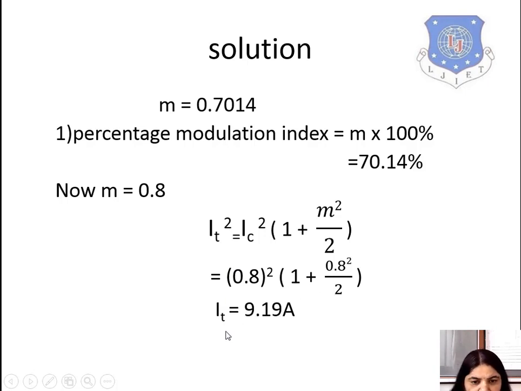So you can find out the IT value is equal to 9.19 ampere. Similarly, you can solve the other examples to get the idea about the AM current calculations. So it is about the topic AM current calculations.